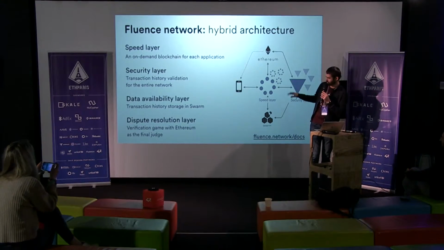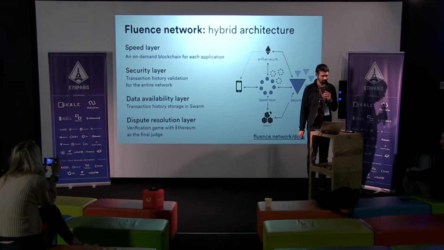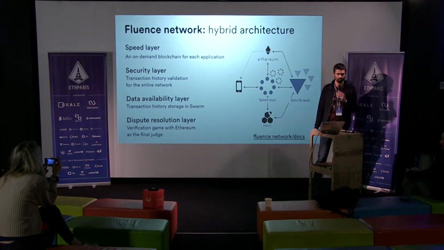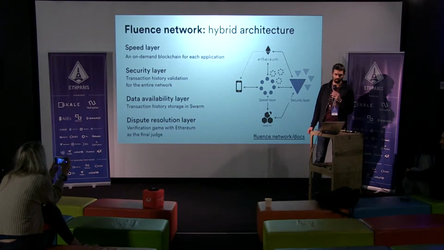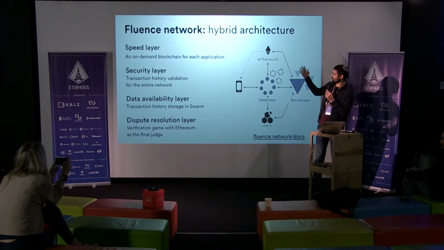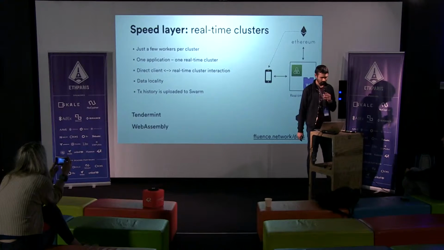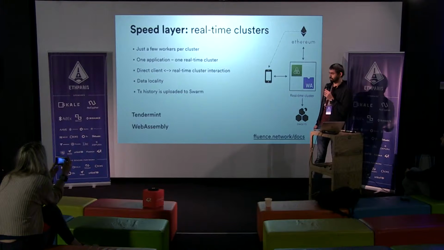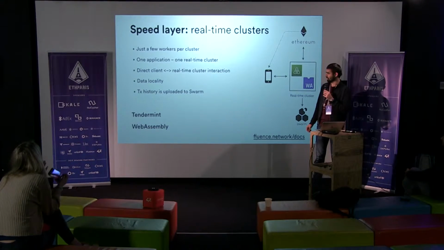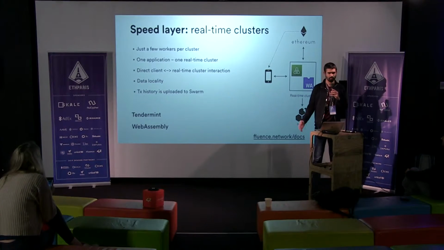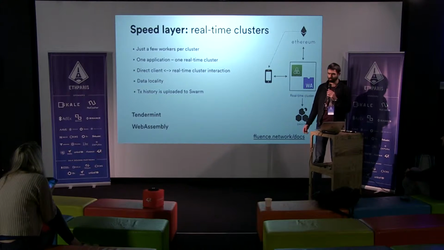To make this possible, we delegate some jobs to existing networks, namely Ethereum and Swarm. The speed layer is what could be used right now and what could help some of you do something.